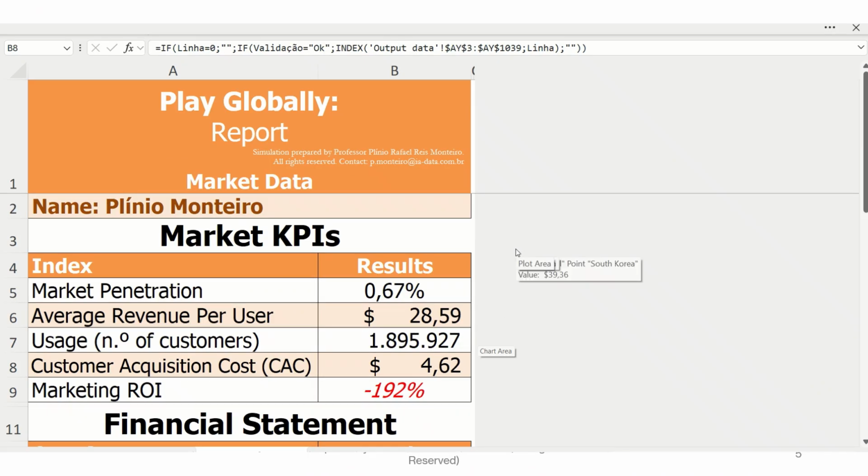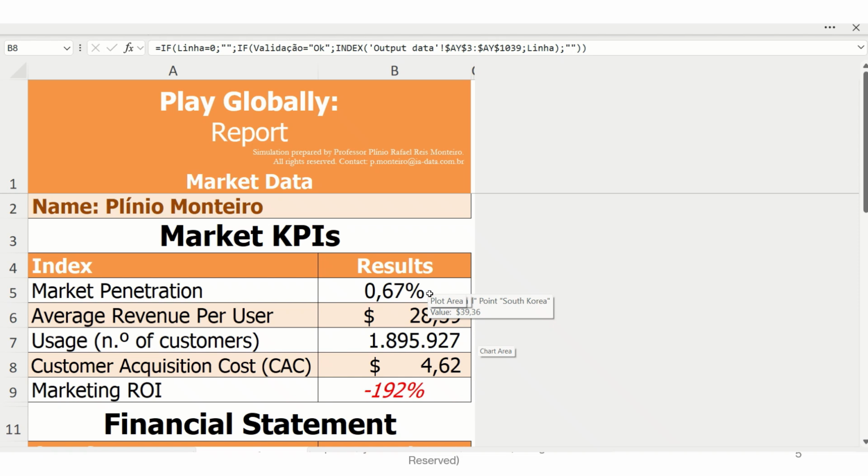Now, in the tab Outputs or Performance, you can check the general results that you really achieved during the period of operation. Here you have your actual market penetration. Remember that this number has nothing to do with the numbers that you used in your forecast. Your forecast was just a guess, just to check the feasibility of your strategy.